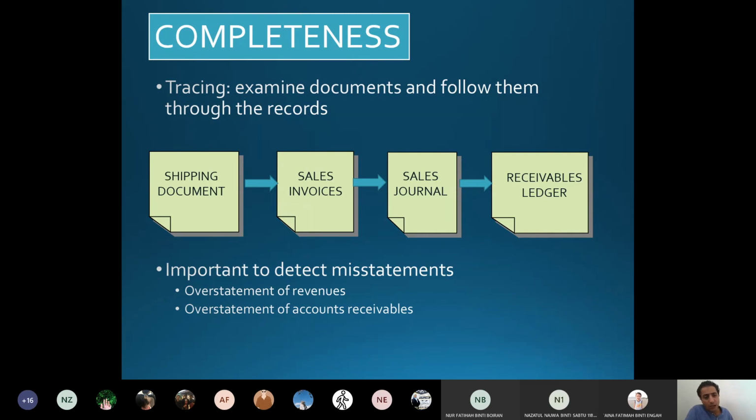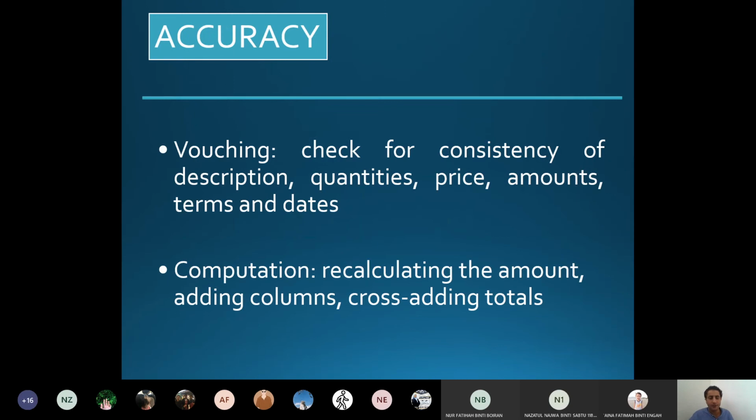In this case, when we go from down to up, from the documents to the record, we call it tracing. If we go from up to down, from the record to the documents, then we call it vouching. And vouching helps to achieve the objective of existence or occurrence. For tracing, it helps to achieve the objective of completeness. Okay? Hope it's clear.